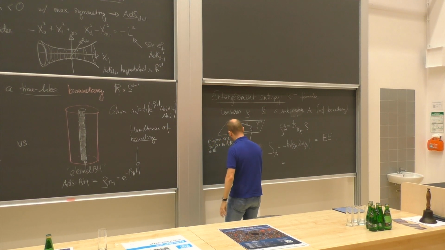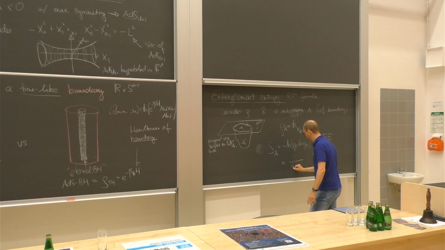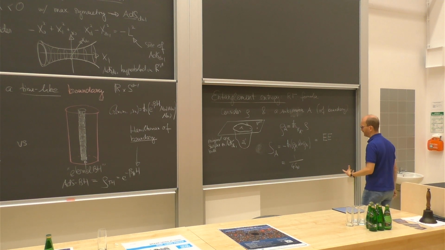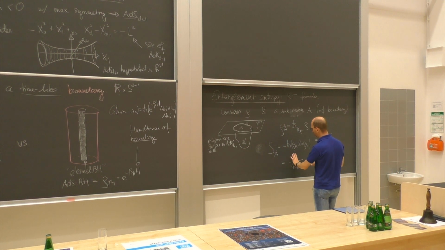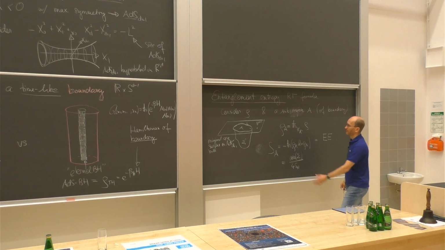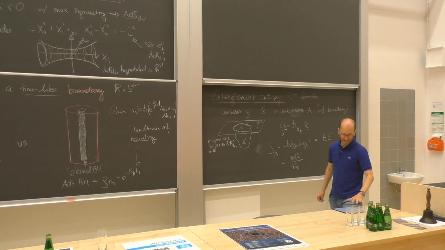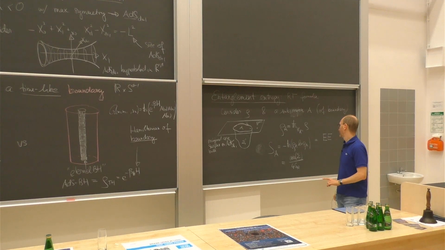And then Ryu and Takayanagi said that just like Bekenstein and Hawking took the area of the horizon, which, by the way, is an extremal surface in space-time, you take 1/4 G Newton, and you take the area of this sigma surface. And that is the entanglement entropy of the subregion A. And, well, there's a lot to say about this.